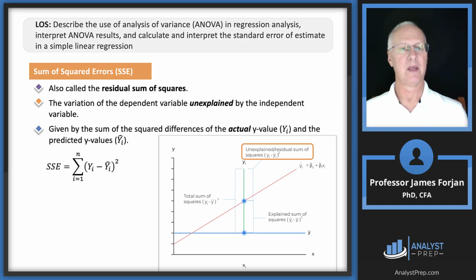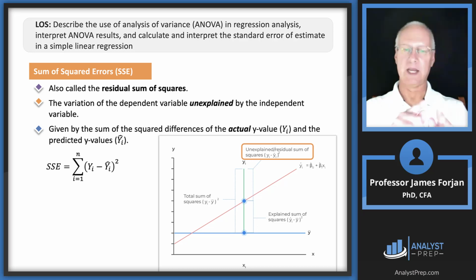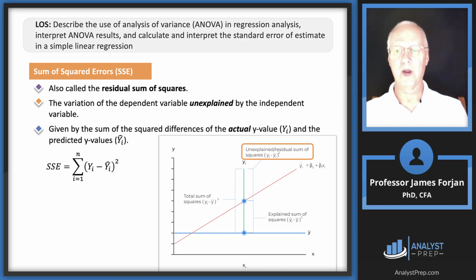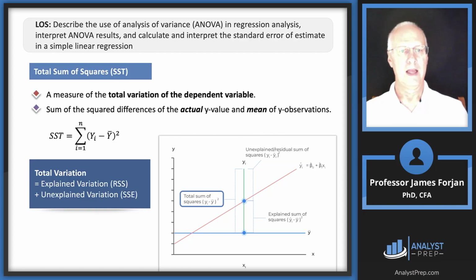How about the SSE, the sum of the squared errors? We're taking each observation yi minus that y hat sub i, right? And we're squaring it, and that's the orange box. That's the unexplained sum of the squares, right? And then, of course, if we add them together, we get the blue box here, the total sum of the squares.